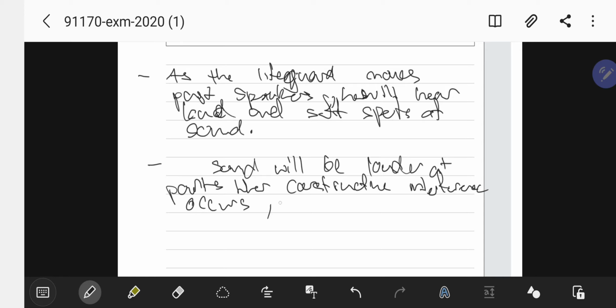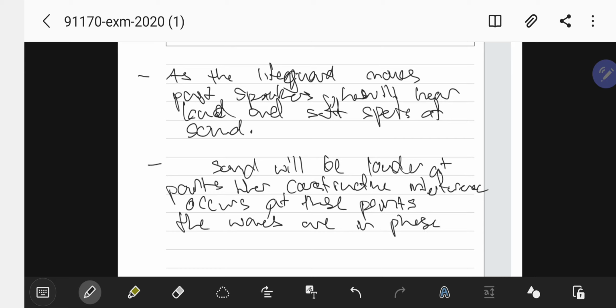At these points, the waves are in phase. Antinodal points are formed.